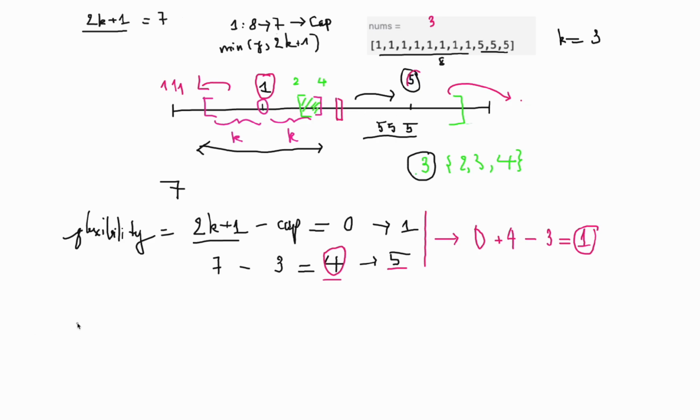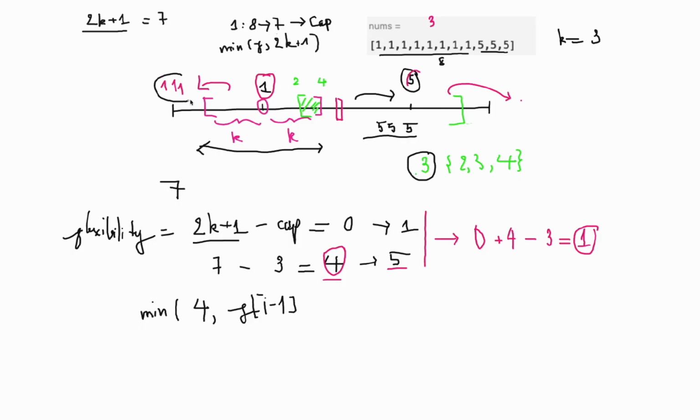So here is the update rule. Let's say that we are updating for the 5, and that would be the min between the flexibility of the previous one, which is i minus 1, for example, and the capacity of the current value. How is the flexibility of the previous one?